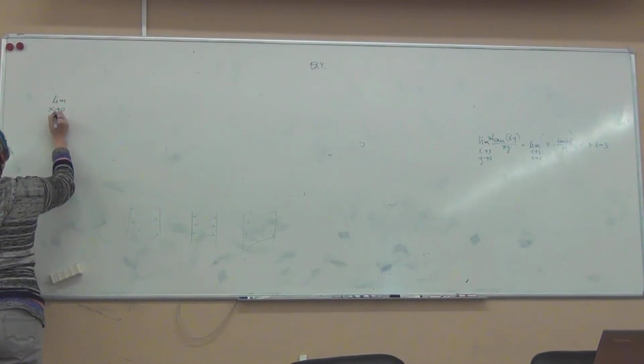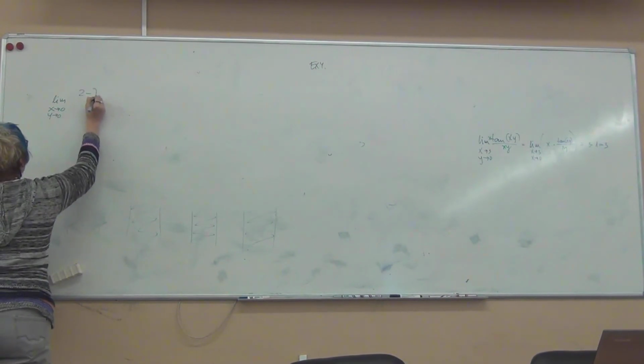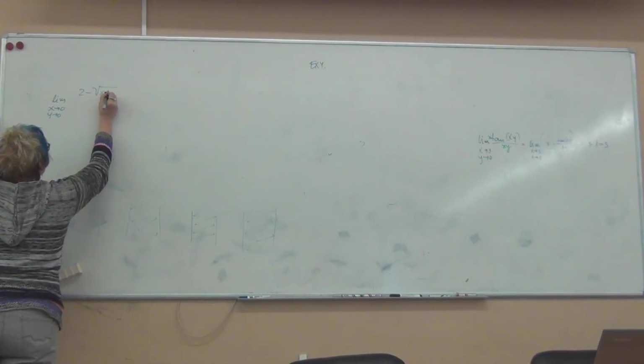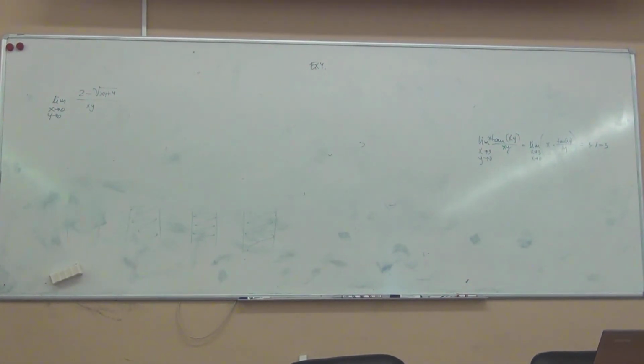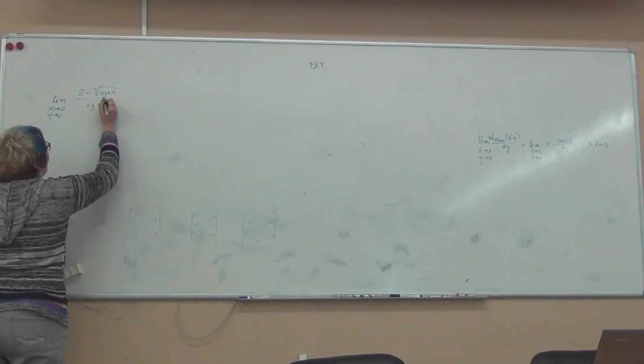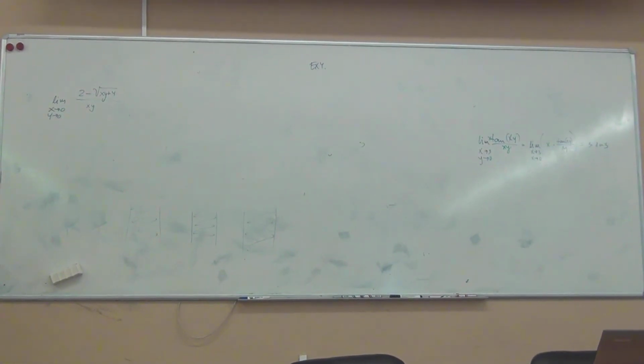Limit x tends to 0, y tends to 0 of 2 minus square root of xy plus 4, divided by xy. 0 over 0. How did we solve that kind of limits? This is basically very similar to 2 minus square root of x plus 4 divided by x, because if both of these tend to 0, then the product tends to 0, of course.